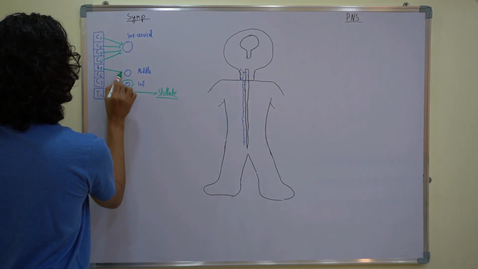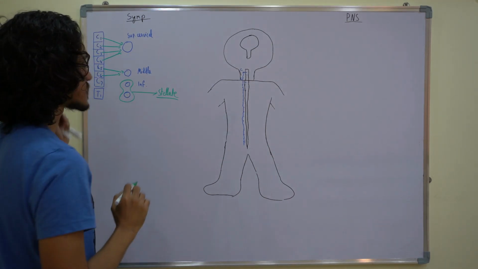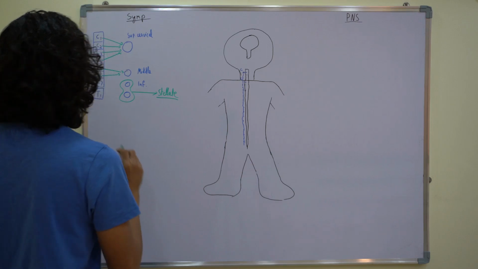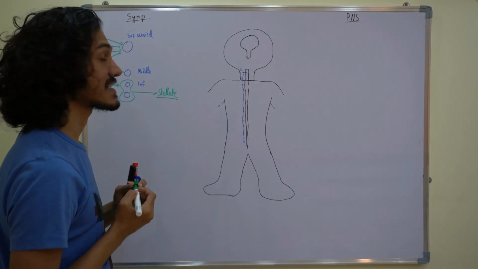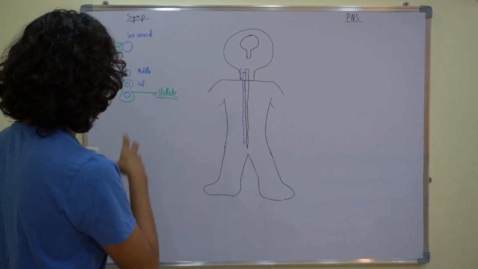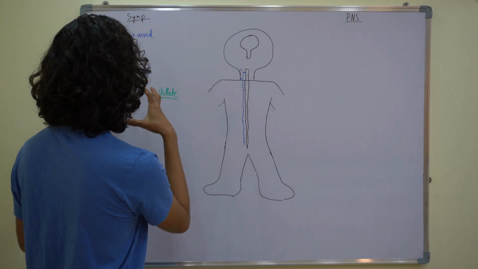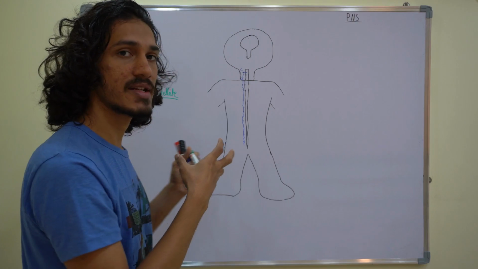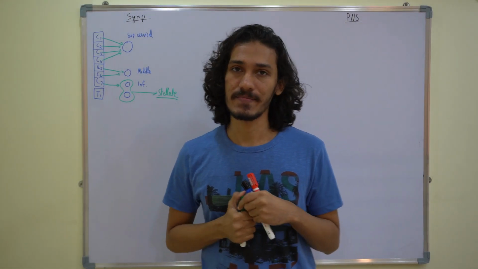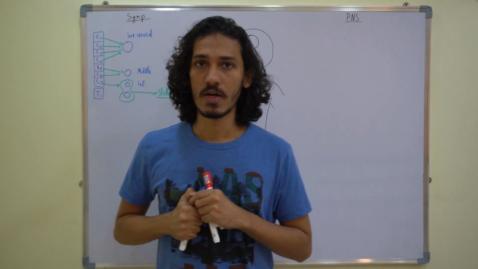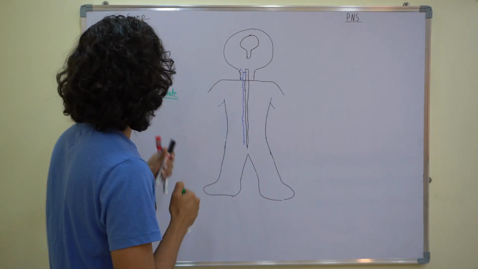Fibers from C5, C6 are going to go to the middle cervical ganglion. Fibers from C7 are going to go to the inferior cervical ganglion. And sometimes the inferior cervical ganglion and the T1 segment fuse together to form your stellate ganglion. So that is about the sympathetic system.